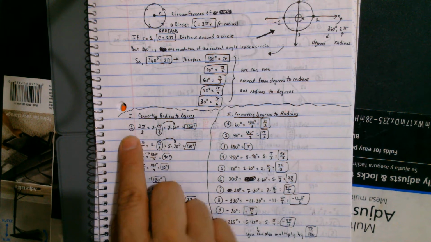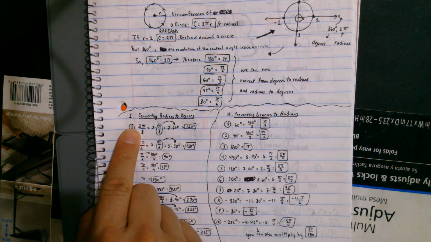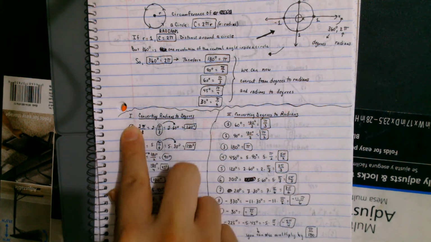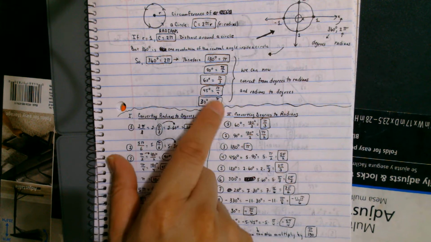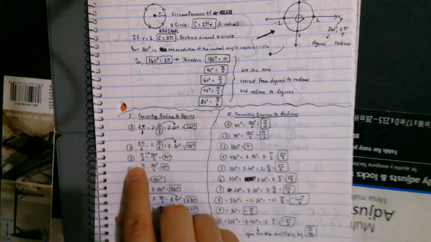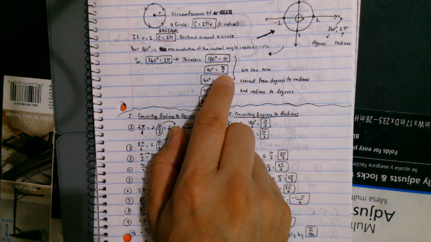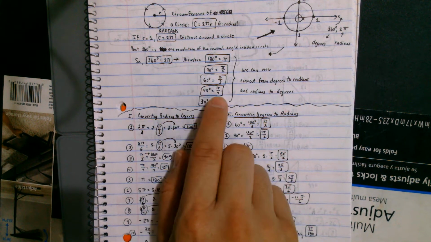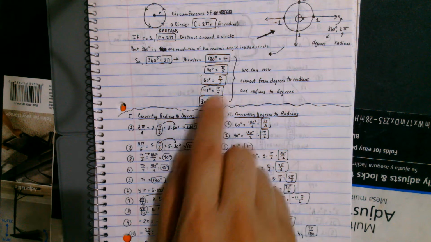5 pi over 6 is the same thing as 5 times pi over 6. Pi is, again, 180 divided by 6, which is your 30. So this is 5 of those 30s, so it's 150. Pi over 2, again, is 180 over 2, or 90. Pi over 4 is 180 over 4, or 45.